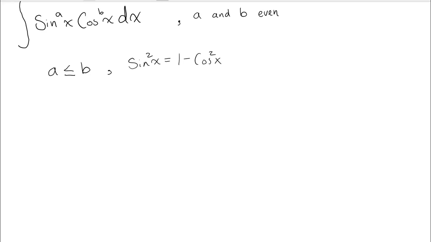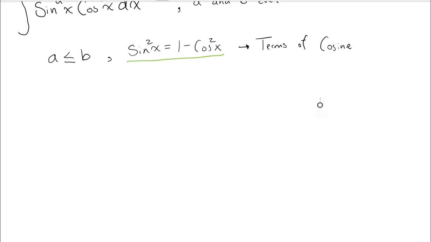We're going to use this identity to write the integral in terms of cosine only. So if sine is the more simple function, with the lower power of a, then we're going to write the integral in terms of cosine.